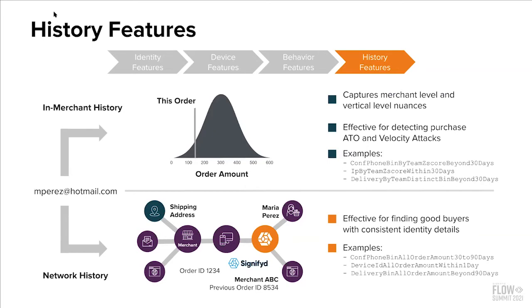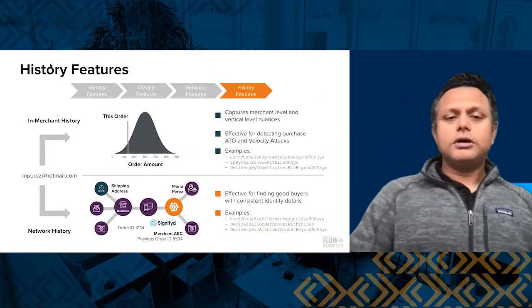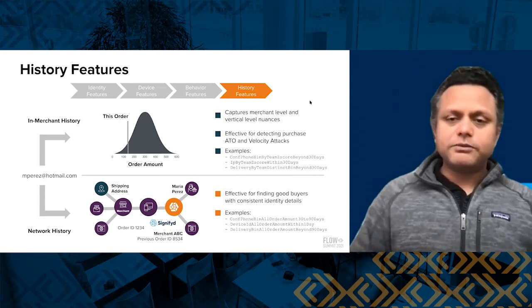Is this person someone who's filed chargebacks before? Does this person frequently return items? All this data is captured in our history. We also get to see all the good users across our merchant base. And now we can say that this is a trusted user. We've seen this person for a very long time with zero negative events. So it is very efficient for us to find trusted users as well. So those capture the four features that we have.